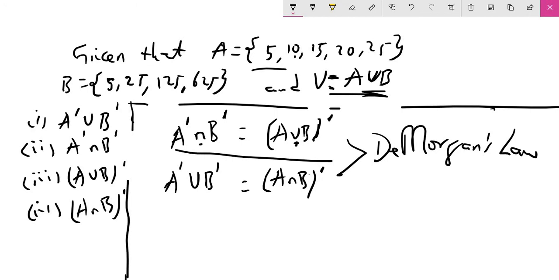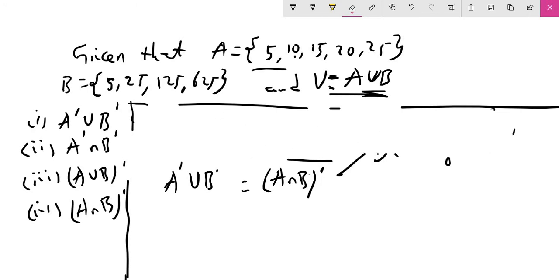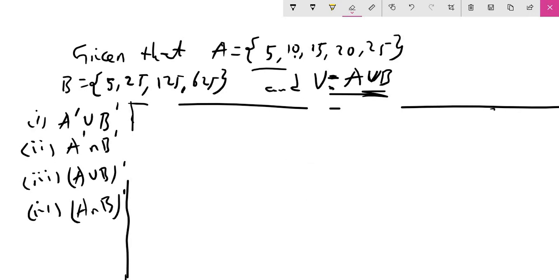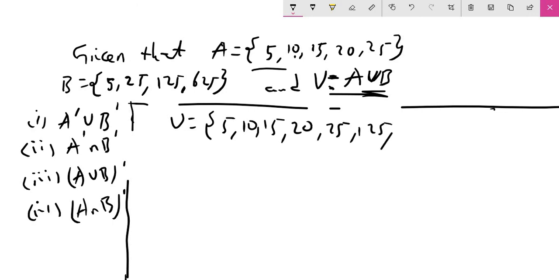Alright, and then the last example, the very last example we are going to solve, is also an illustration of that. Alright, so again, the universal set is this, 25 and 625.